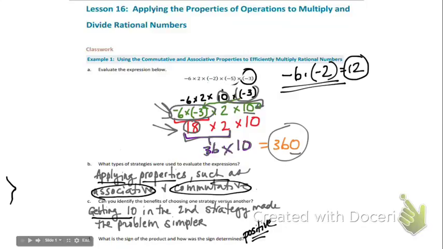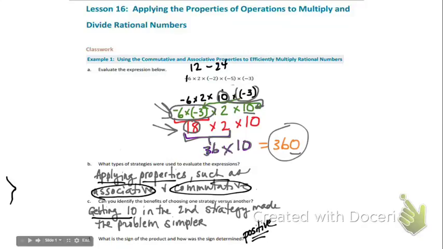Because if you just went ahead and did this, you could just change something. For example, I could show you and prove this to you here. If I made this 6 a positive 6, then I would have positive 6 times 2 is 12, times -2, that's -24, times -5, that's going to be a negative 120, and then times -3 is going to be a positive 360. Actually, I have 3 negative values, and 3 negative values are always going to yield me a negative number.